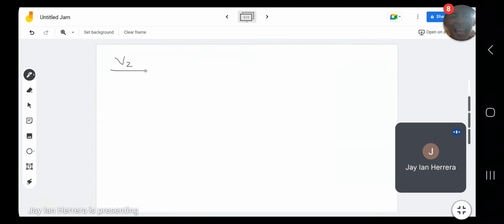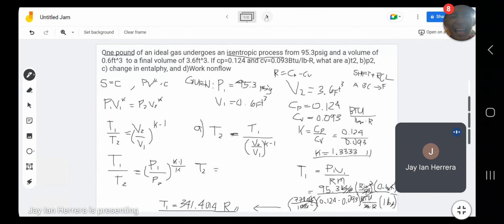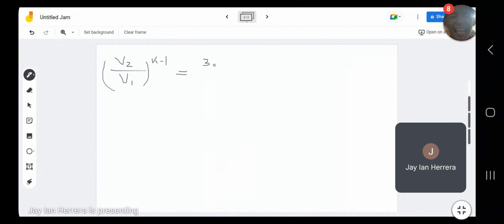So V2 over V1 raised to K minus 1. Given tayo ng V2 and V1, V2 is 3.6 cubic feet, V1 natin is 0.6 cubic feet.